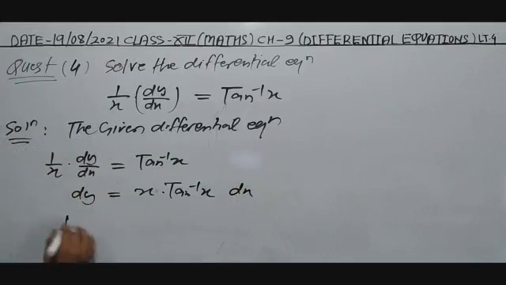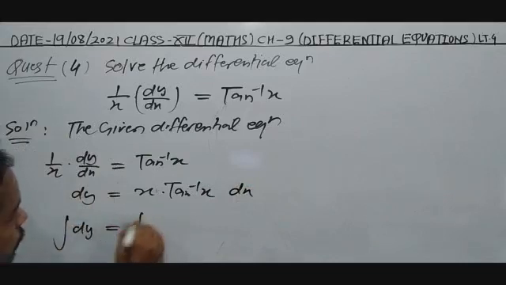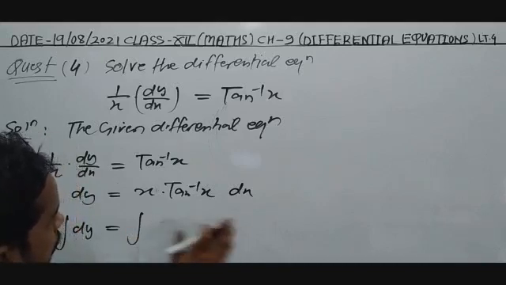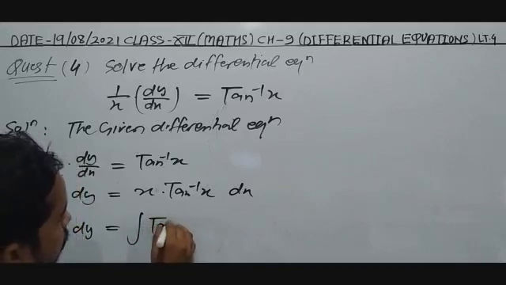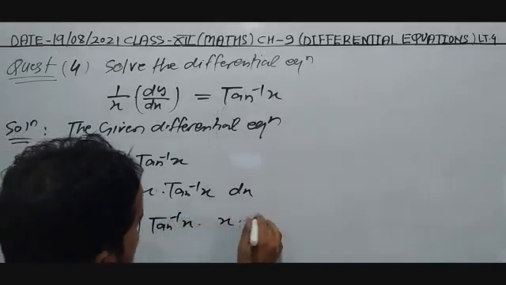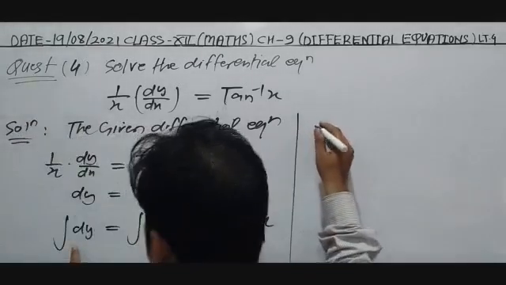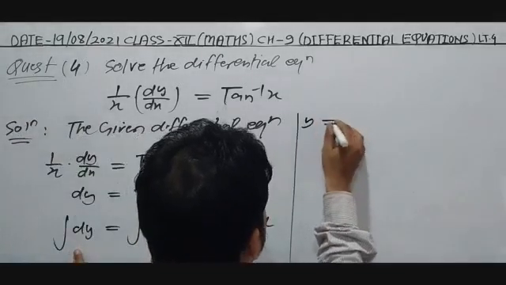Now integrate, operate the integration sign in both terms. This will be the first function and x dx, because we have to solve this expression by using integration by parts. So see here, integration of dy, result will be y.